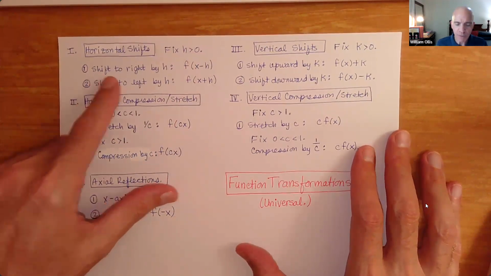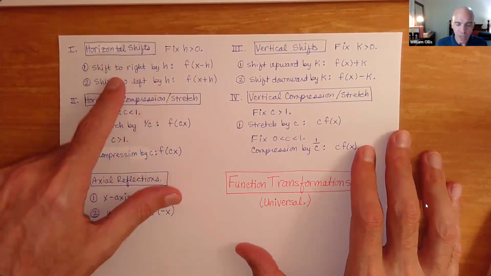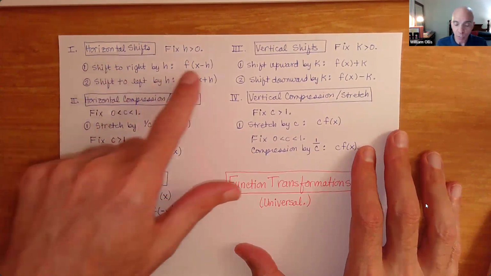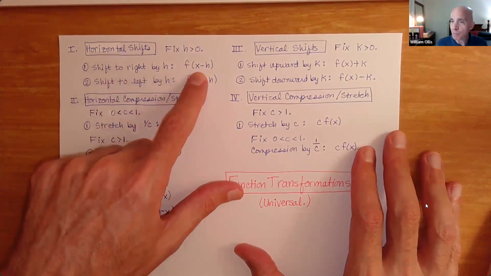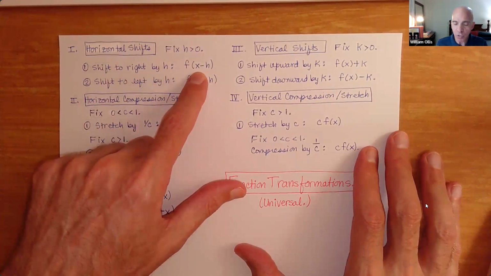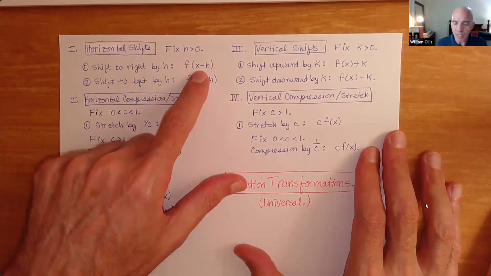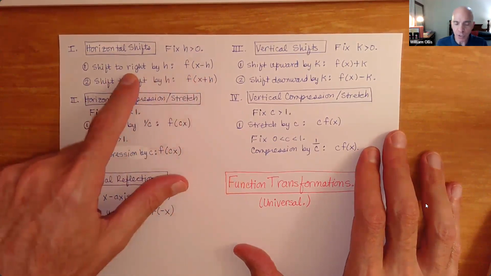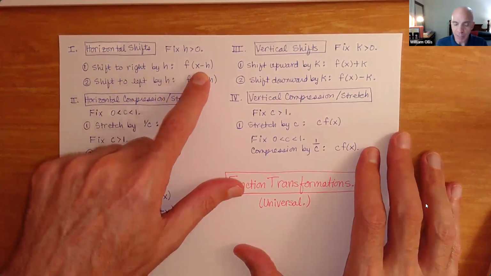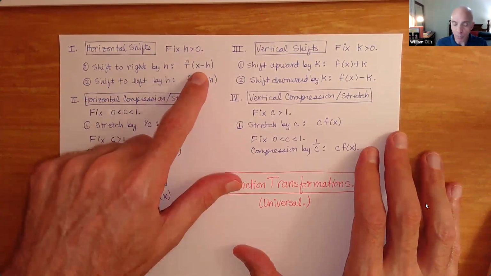And we want to shift the graph of the function to the right by h. We will replace x with x minus h. And this has to do with the fact that this is a horizontal transformation. And so students must get used to the fact that a shift to the right will mean a replacement of the independent variable to x minus h.